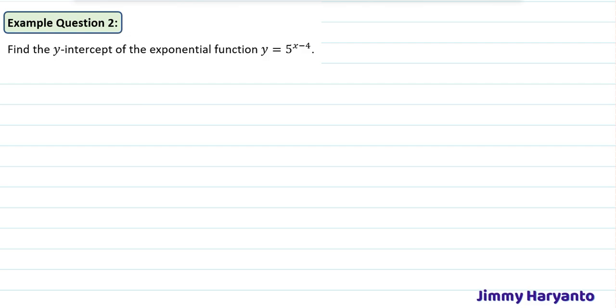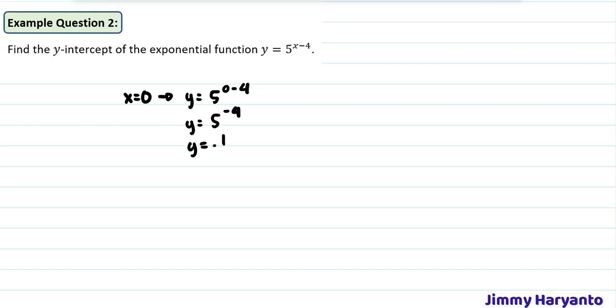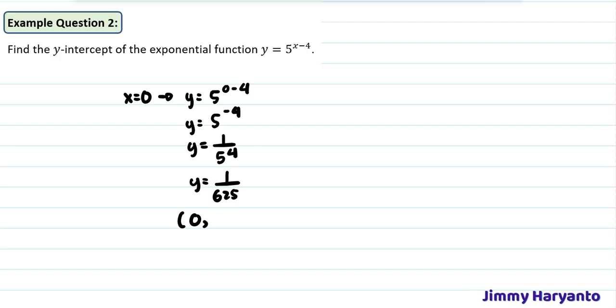The y-intercept happens when x equals 0, so y equals 5 to the power of negative 4. That means y equals 1 over 5 to the power of 4, which is 1 over 625. That means the y-intercept will be this one. It's very close to 0. 1 over 625 is 0.00 something, so the result will be very close to 0.